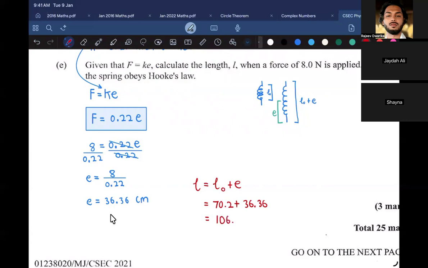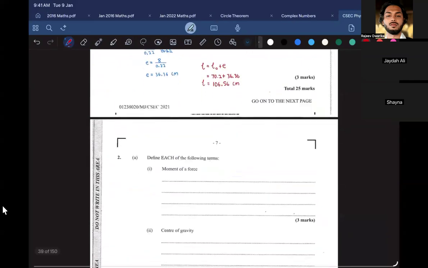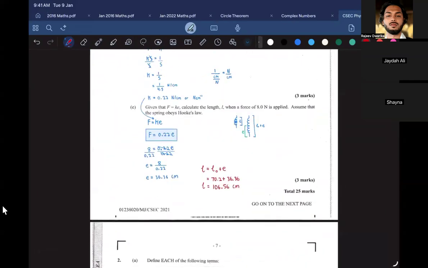Yes. And the unit for that would be? Centimeters. Shina, you understand that length is in centimeters for this particular question, right?